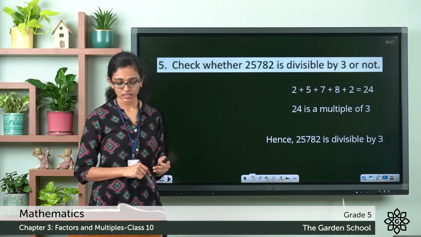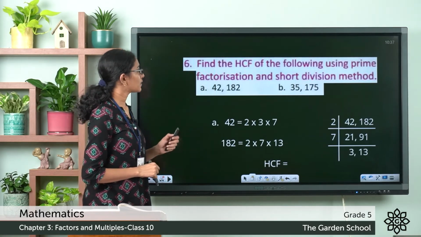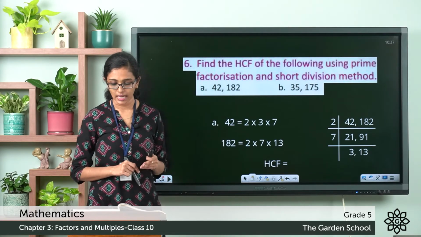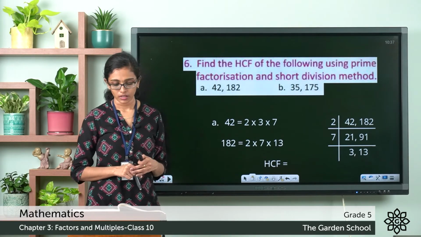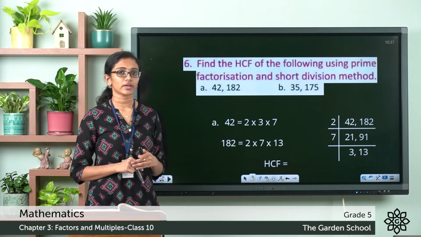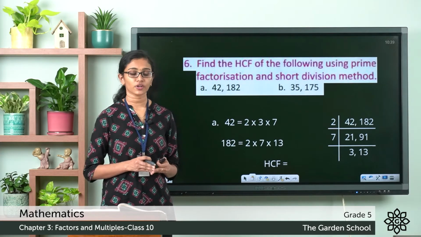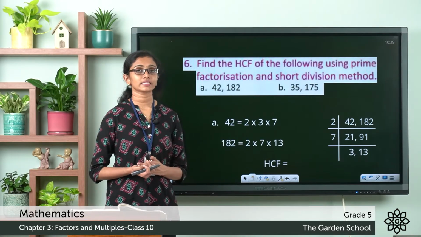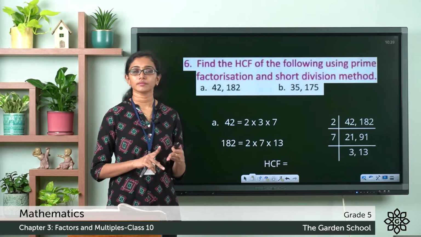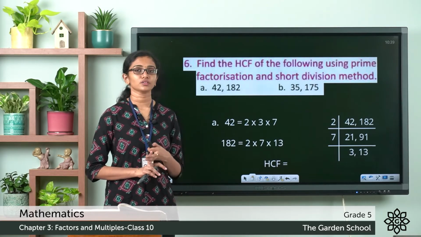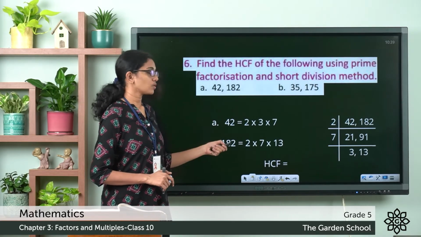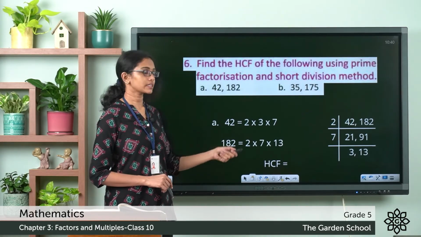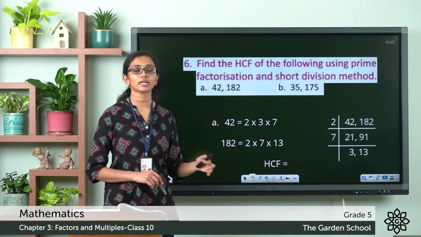So is it clear? Now the sixth question: find the HCF of the following using prime factorization and short division method. And you have got 4 questions here. The first question is 42 and 182. So you are supposed to find the HCF using both the methods, the prime factorization method and the short division method. So here we have done the prime factorization method. We have prime factorized 42 as well as 182.